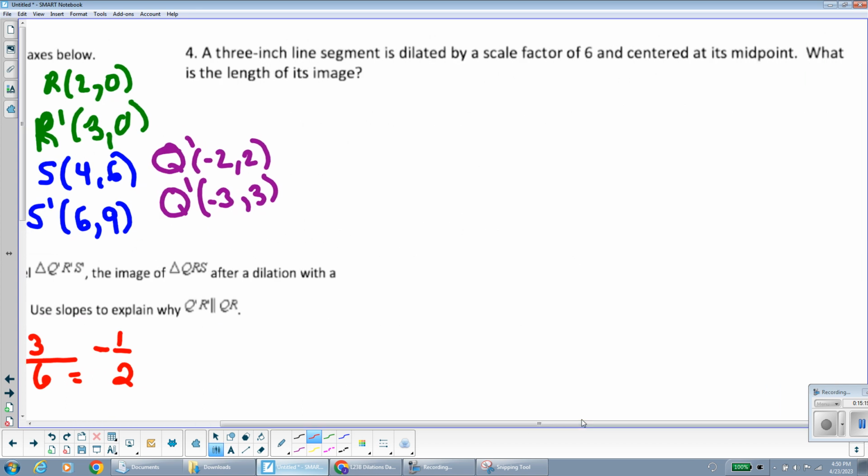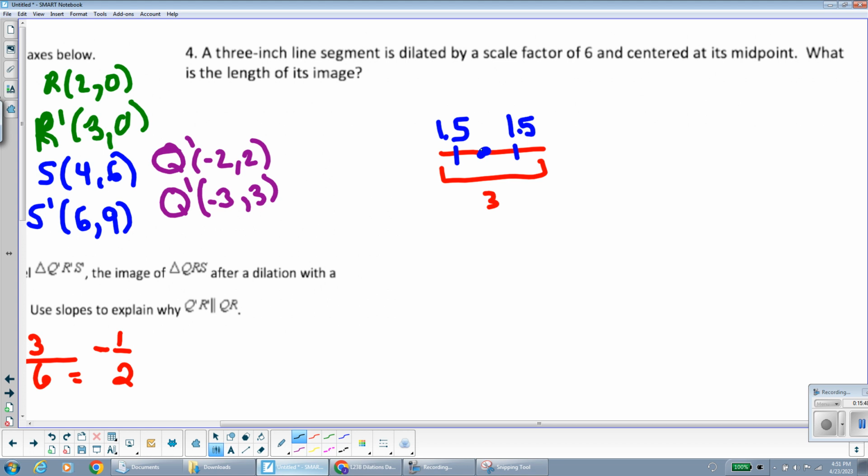A 3-inch line segment is dilated by a scale factor of 6 centered at its midpoint. So here's its midpoint. And the midpoint does split into equal parts. So that would be 1.5 and 1.5. And since we're dilating by a scale factor of 6, from the center of dilation this way, it's going to get 6 times bigger. And from the center of dilation this way, it's going to get 6 times bigger.